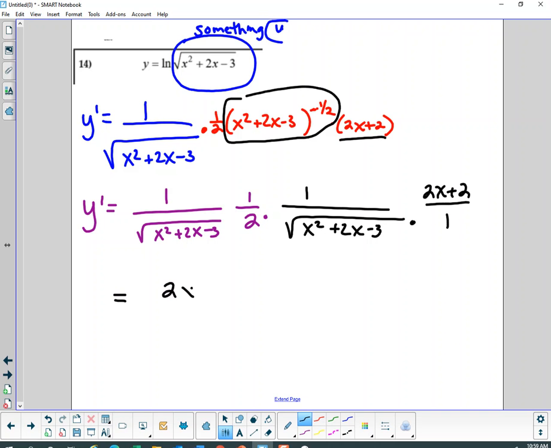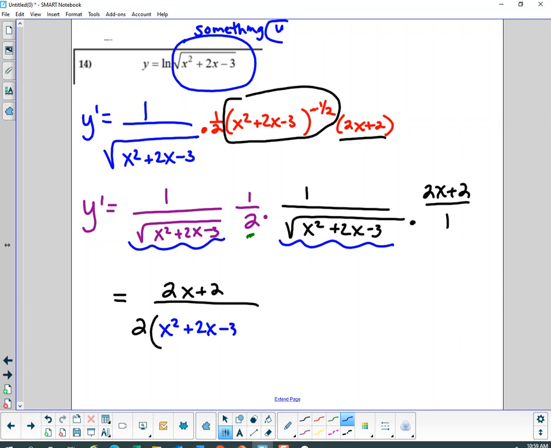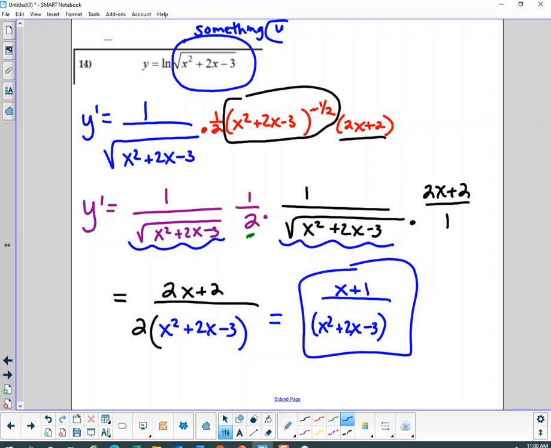So I would end up with 2x plus 2 over 2, from this 2, times, and if I take this root times this root, I get what's inside the root. Or I could write that as x plus 1 over x squared plus 2x minus 3, if I take out a 2, plus 3 minus 1. And that would be my simplified derivative.